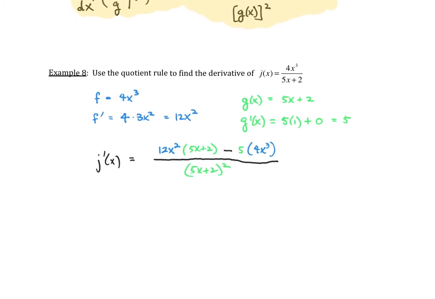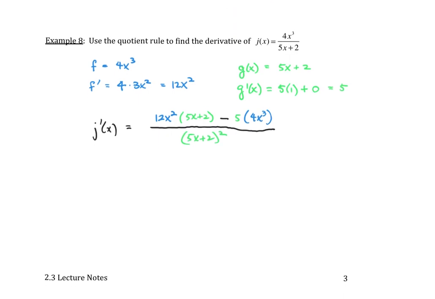Okay, why don't we simplify our derivative a little bit, and write it all in one color. Actually, let me say one thing first. I want to quickly mention that I cannot cancel this 5x plus 2 with this 5x plus 2 here.